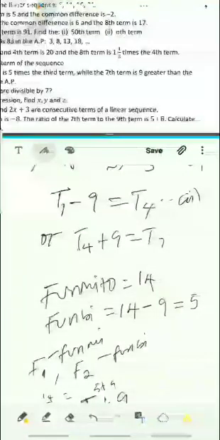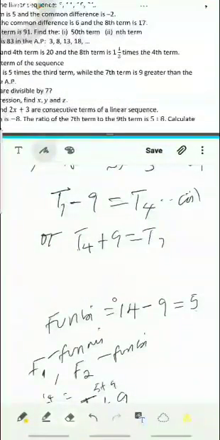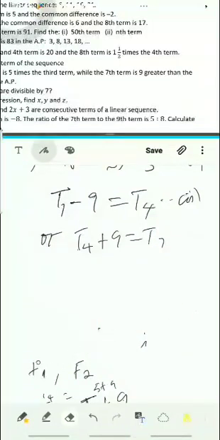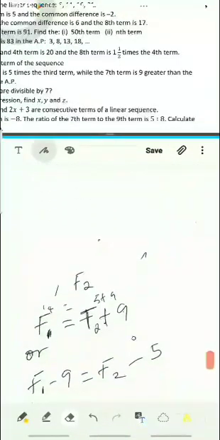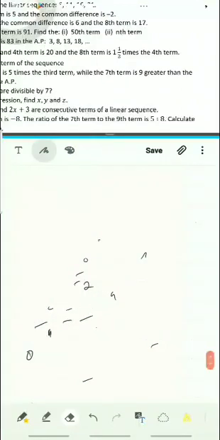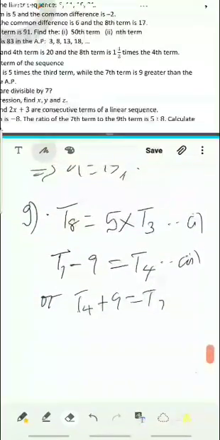So it's either you write it this way or you write it this way. Let's stick with the second statement. So let me rub off the rest. I'll stick with this.